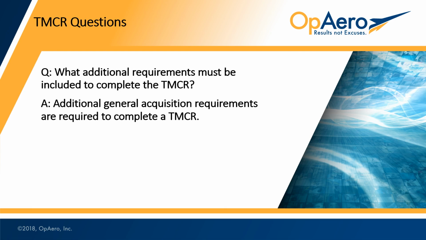There could potentially be a lot of additional requirements for the TMCR. It just depends on how complex your project is, or how complex the acquisition is. If it's a major revision or a major change to an airplane, then absolutely there's probably a lot of other information that you could put in there.